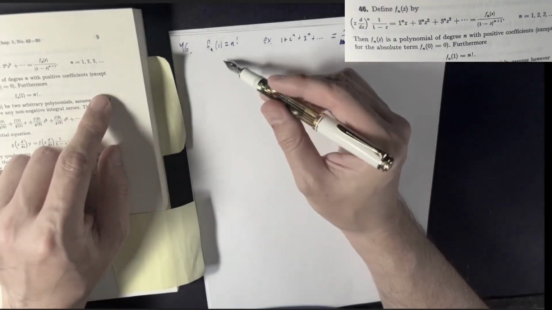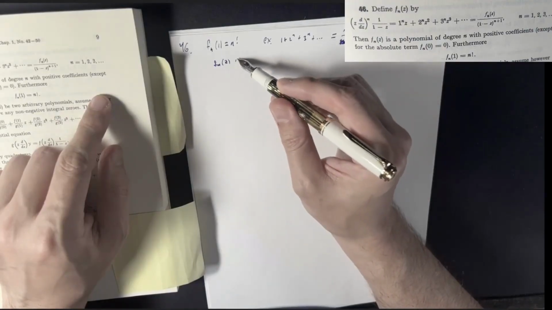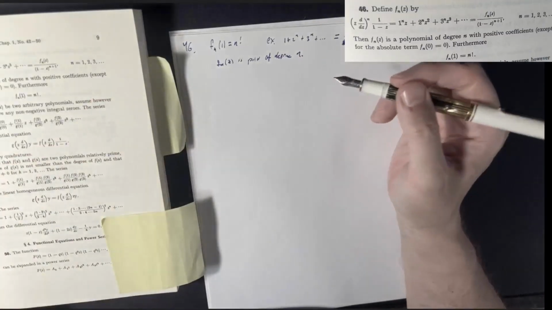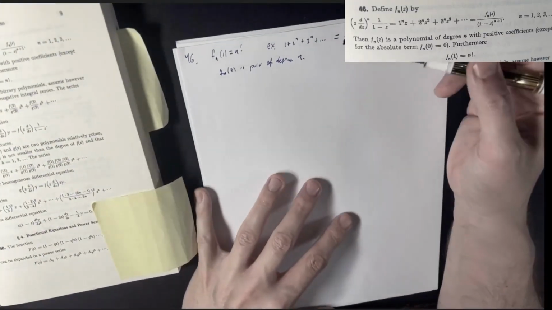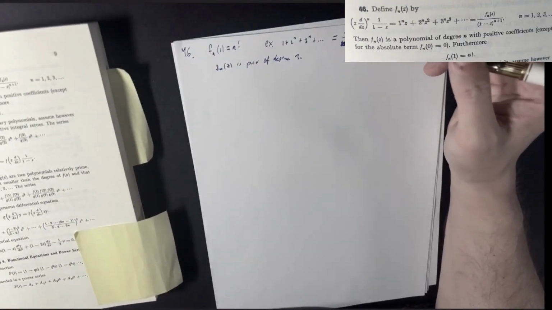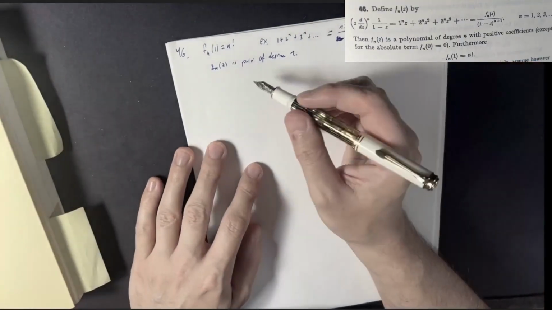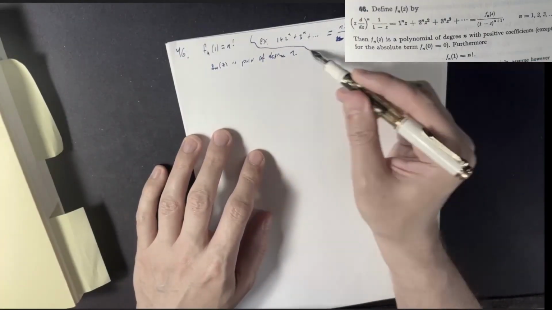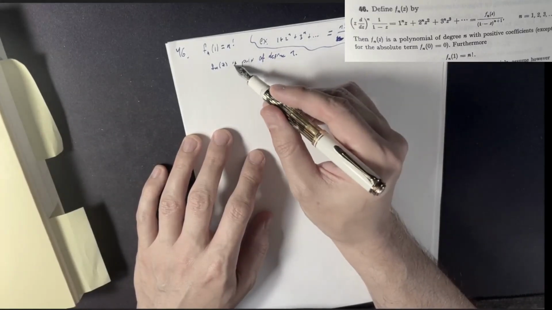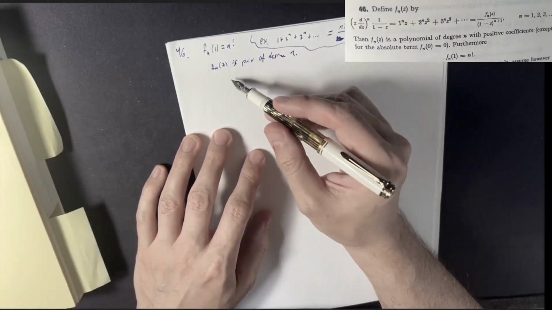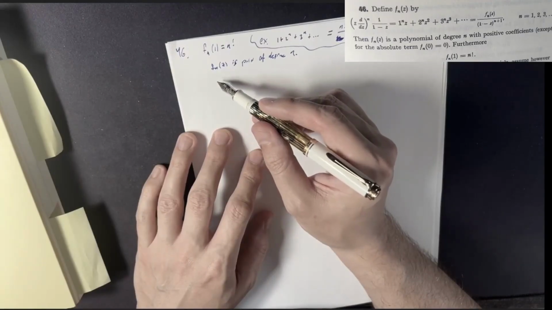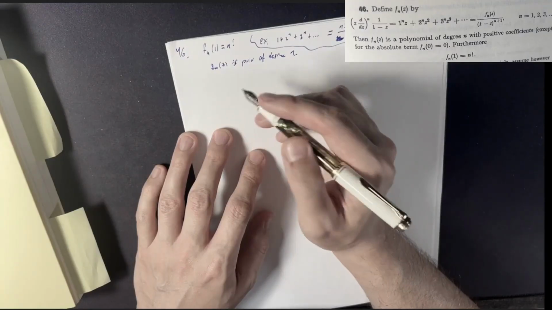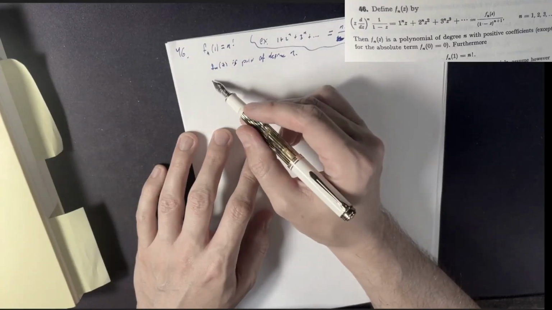Anyway, what we wanted to see is that this is true and also that f_n(z) is a polynomial of degree n. And the way that he did it in the book is, let's see, I don't quite remember.